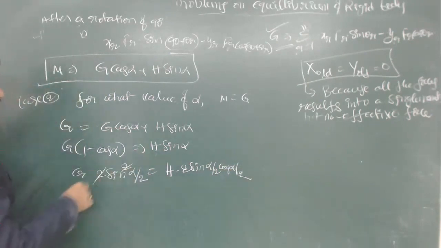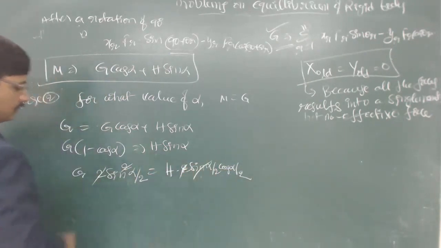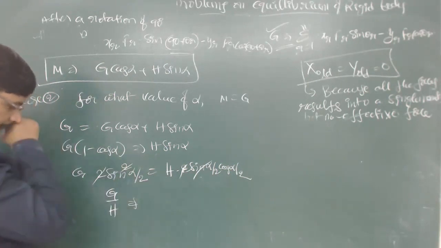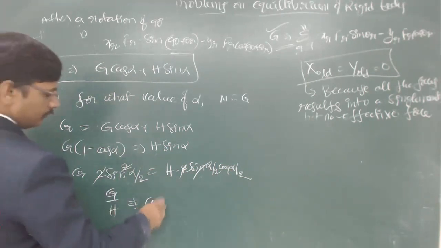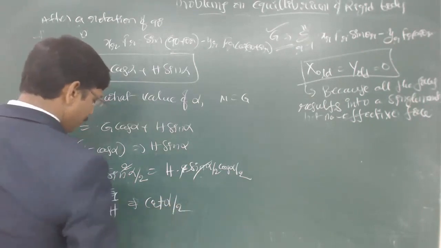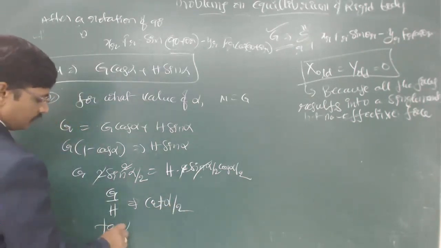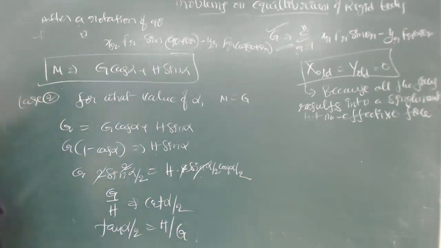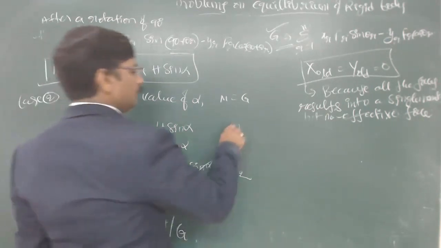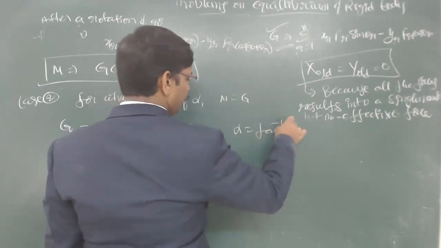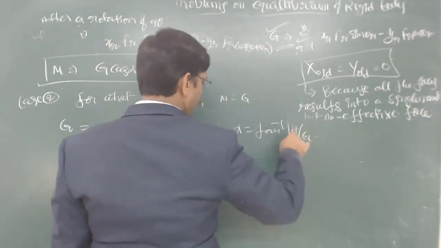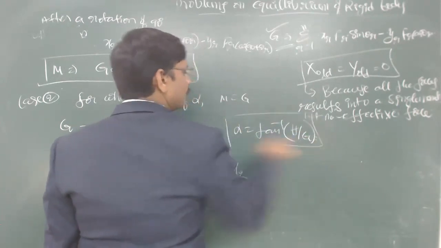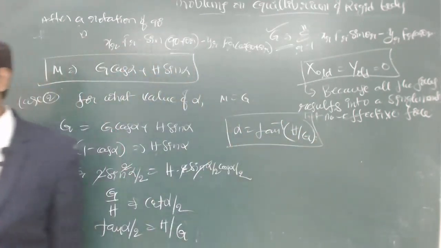The sin terms and the 2 cancel out, and G by H is equal to cot alpha by 2, or tan alpha by 2 equals H by G. So alpha is equal to 2 tan inverse of H by G. For this value of alpha, the new moment is going to be the old moment.